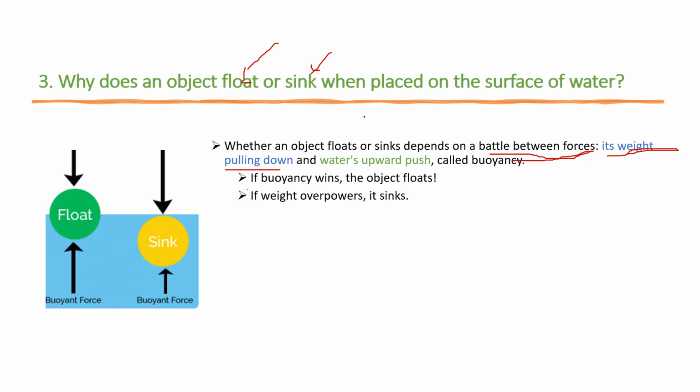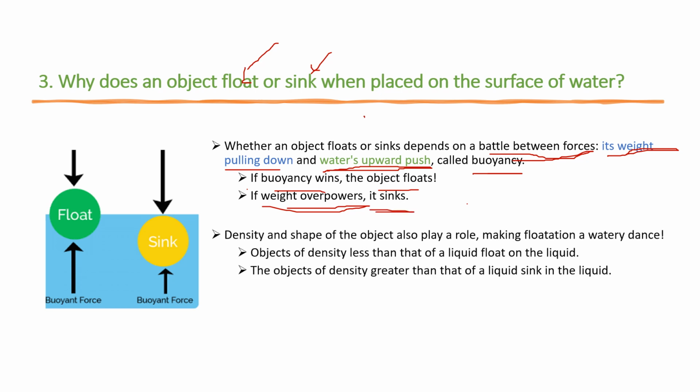The second force is water's upward push, which is called buoyancy. Whichever wins decides whether it floats or sinks. If buoyancy wins, the object floats. If weight overpowers, the object sinks.